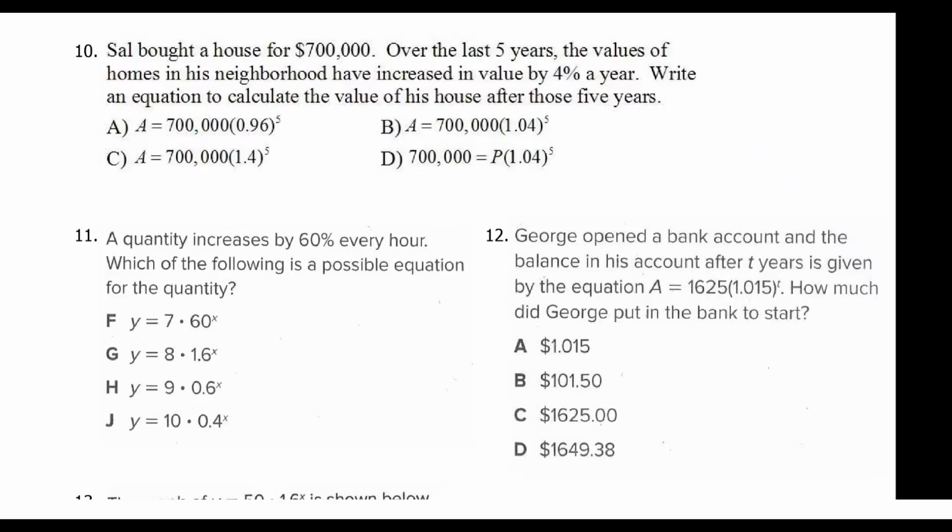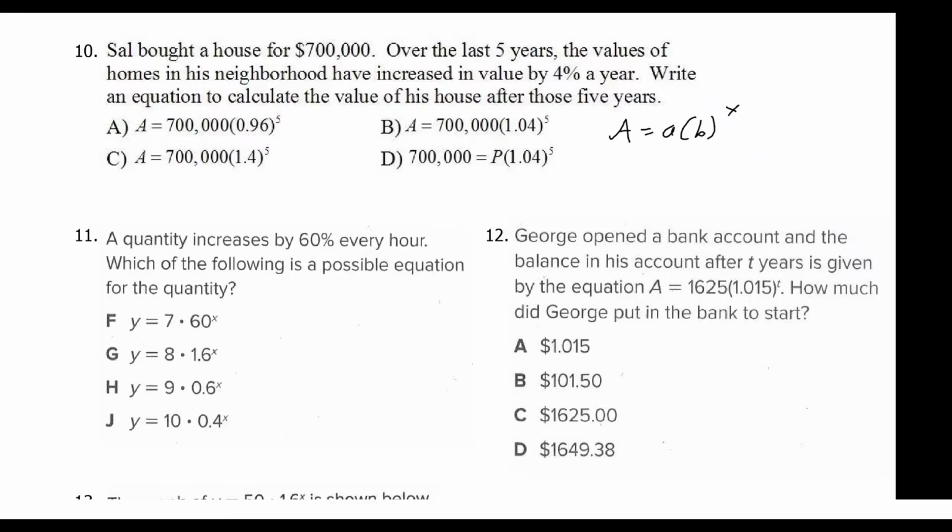All right, so thing is, if we all think about it, we've been using this A equals AB raised to the X, right? Where B is, in this case, 1 plus whatever our rate happens to be.